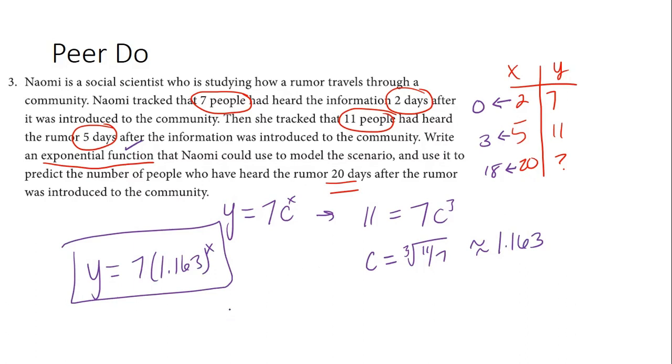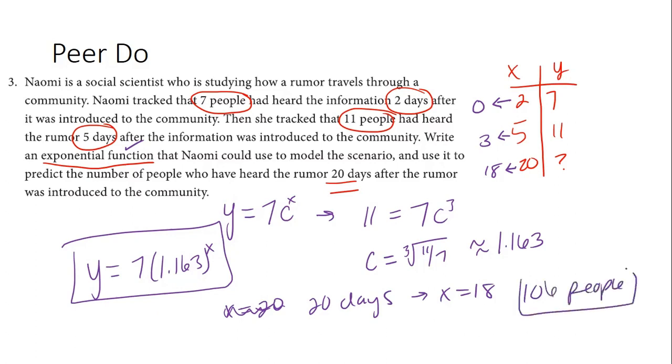Yes, and so we got 106. 20 days means that x equals 18, right? And so we end up with 106 people knowing the rumor. That's how rumors spread, right? This is actually kind of a slow spreading rumor if you think about it.